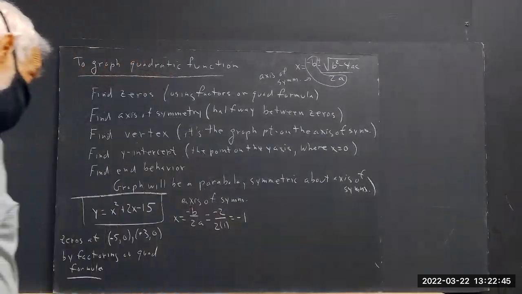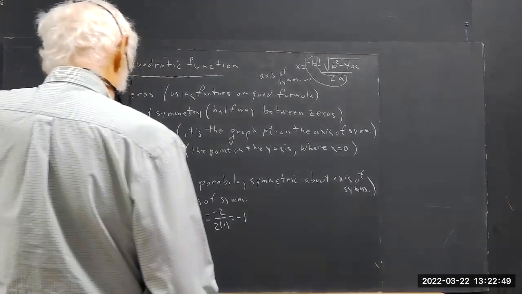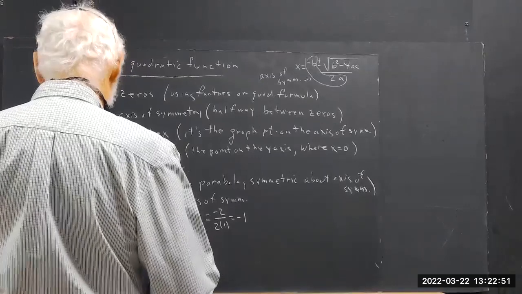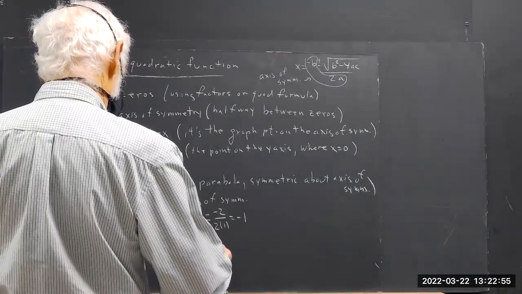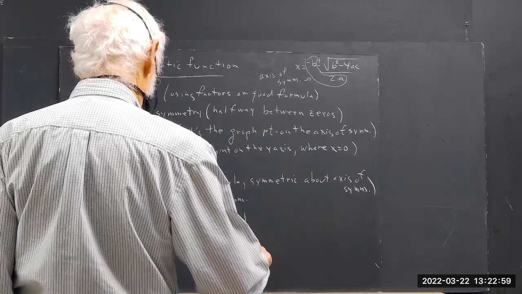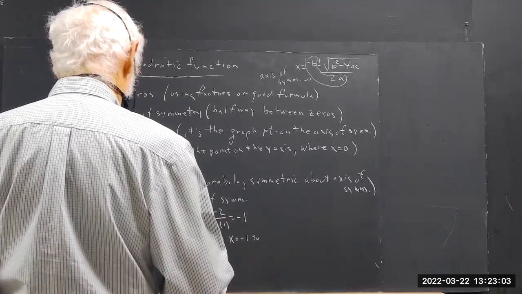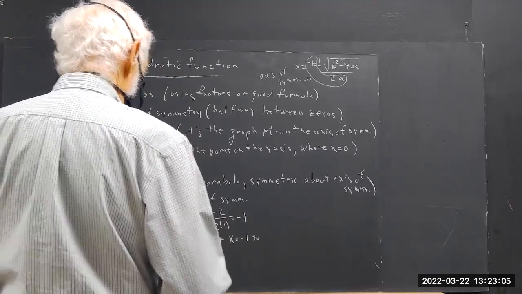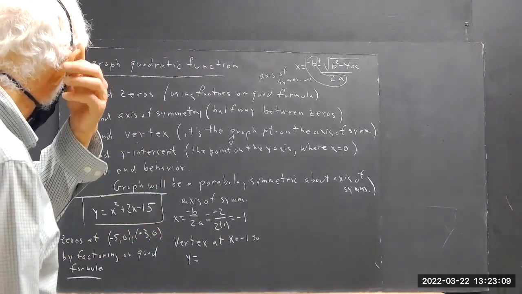You get negative 1. It happens that x equals negative 1 is the axis of symmetry.